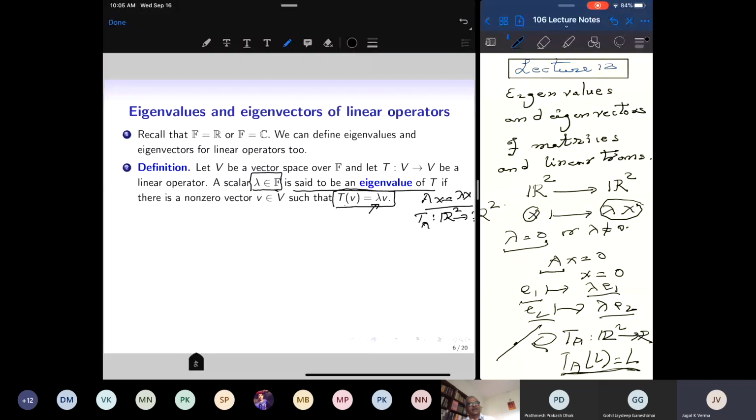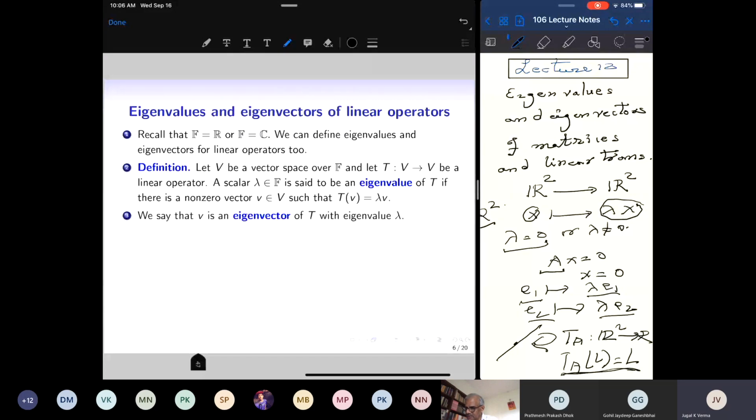If we are working with real matrices and our field of scalars is real, then the eigenvalues have to be real, because we have to find vectors in R2 which are mapped to a scalar multiple. If lambda is not real, I can't get lambda v to be a real vector. That's why lambda has to be in the field of scalars, and v is called an eigenvector with eigenvalue lambda.